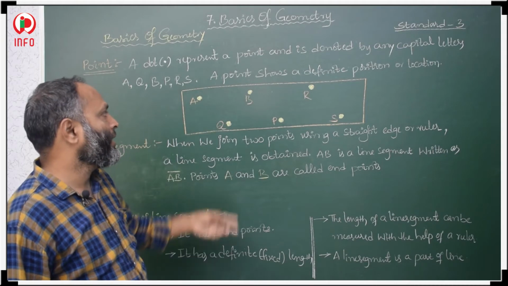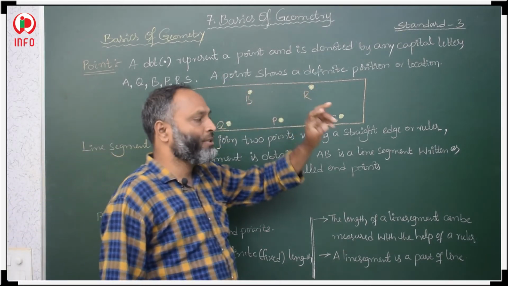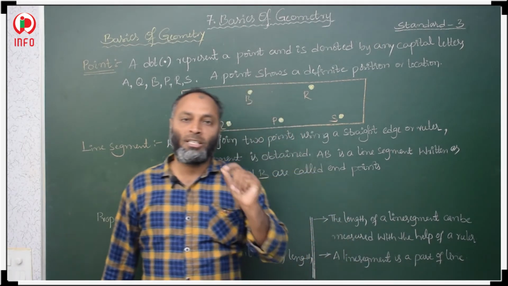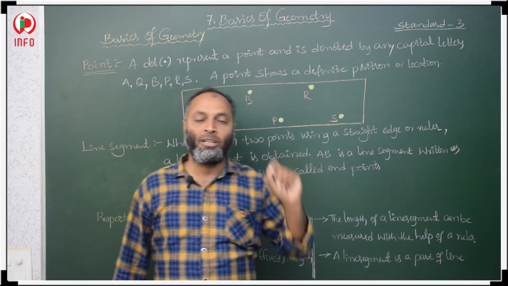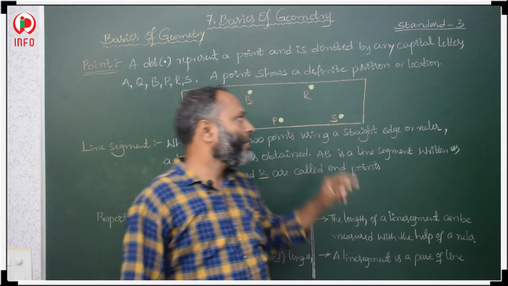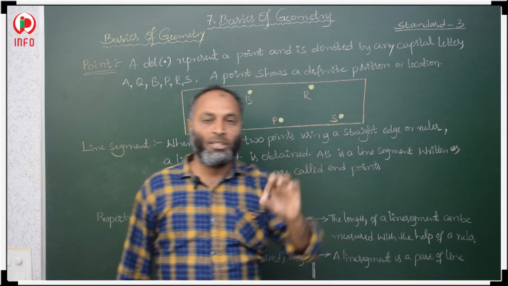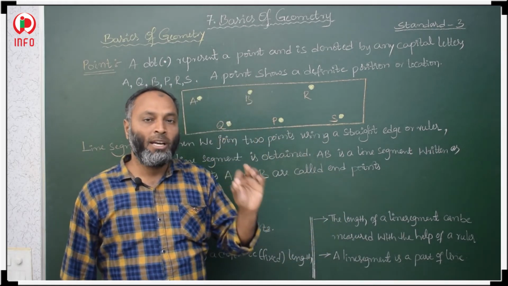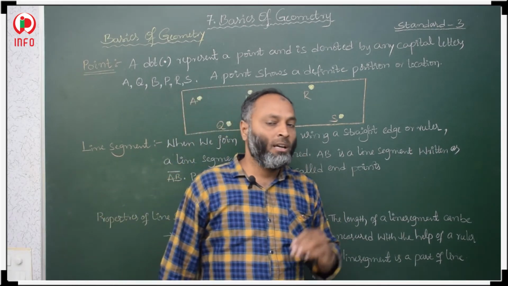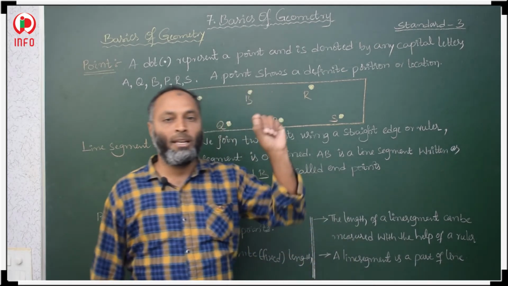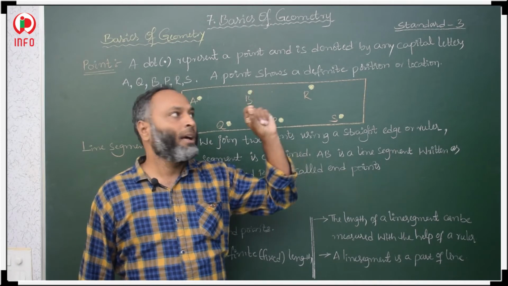What actually is a point? A point shows a definite position or location. Why are we representing with a point? The point always defines the position. It shows the exact position. For example, in a world map or a map of India, Delhi is there, and we represent Delhi with a dot.